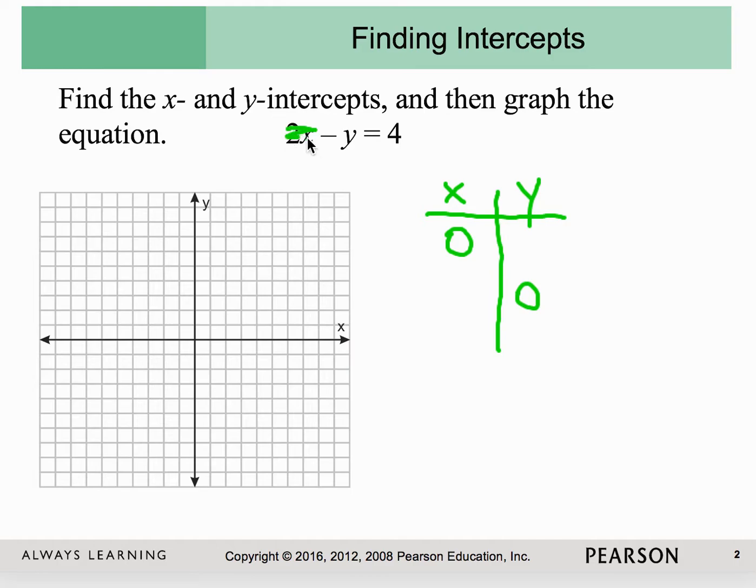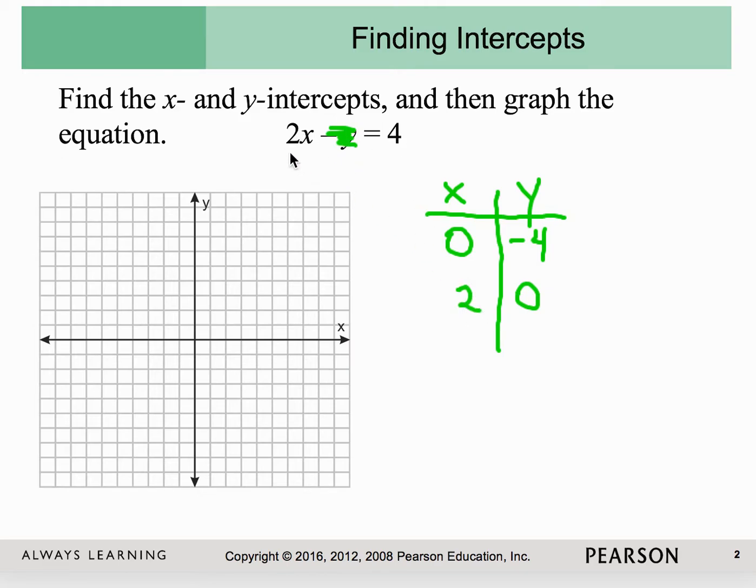If x is 0, that's gone. So we just have this equation to solve. Oh, negative y equals 4. That must mean, now watch your signs, must mean y is negative 4. Right? Negative, negative 4. Or I could solve this one-step equation and see, oh yeah, y is negative 4. Okay, now let's do the same thing with y. Let's say if y is 0, then 2 times what is 4?